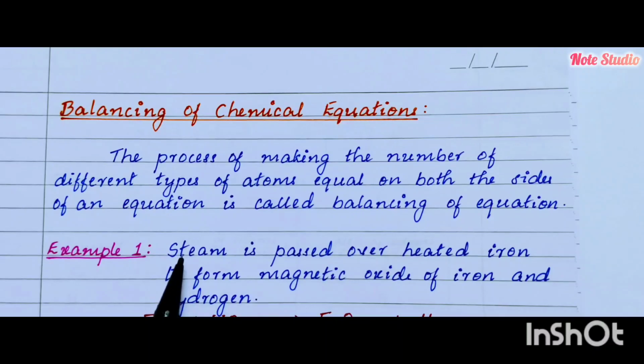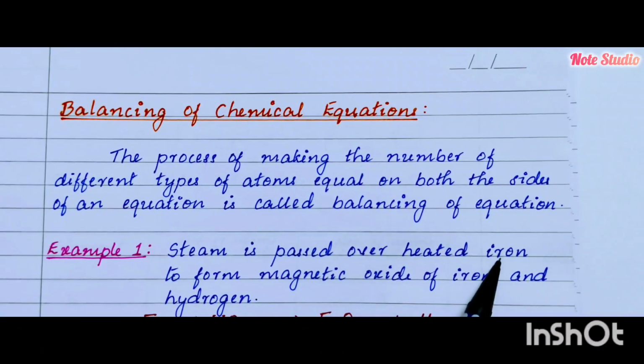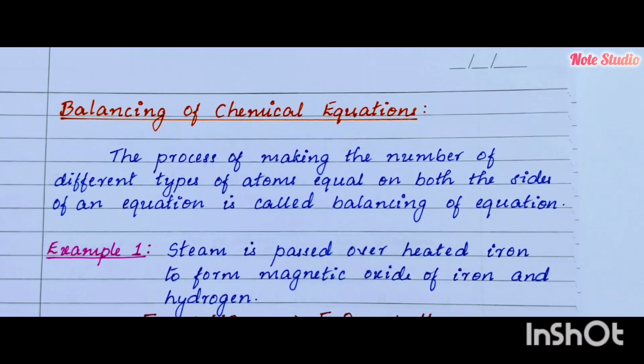That means from here we are getting the products. Here magnetic oxide of iron and hydrogen are the products. Steam as well as iron are the reactants. Two reactants and two products are formed in this reaction.